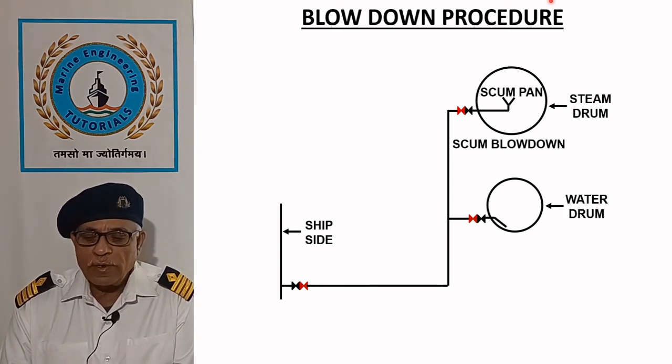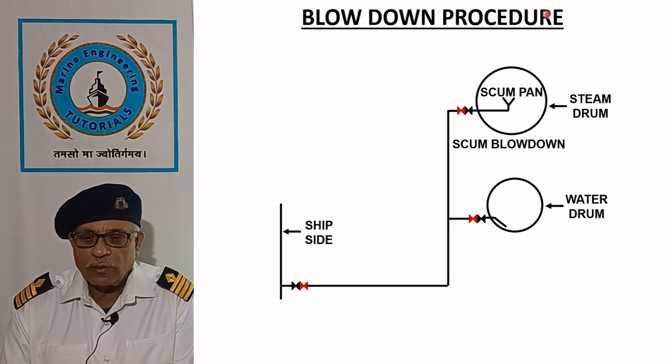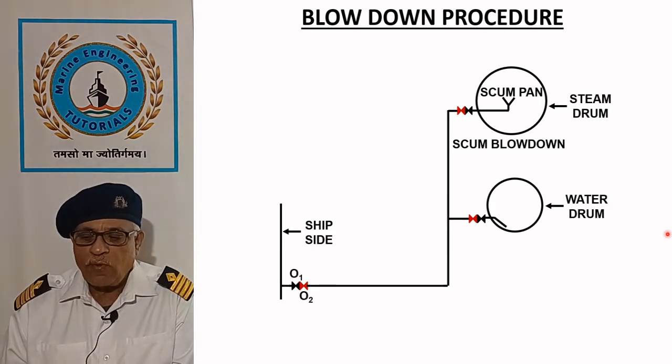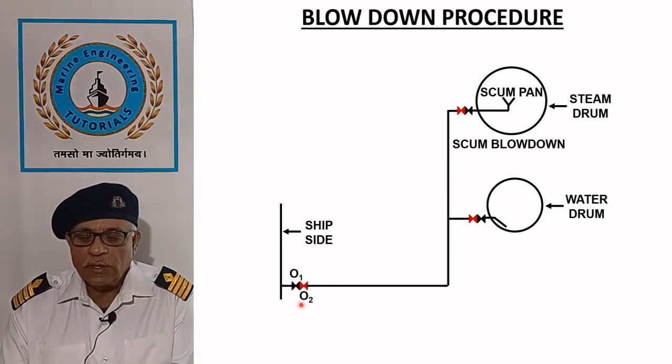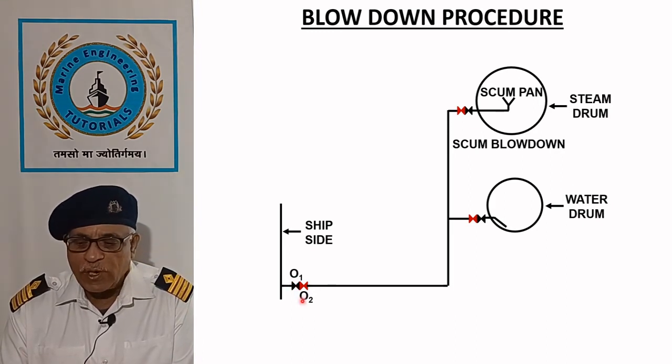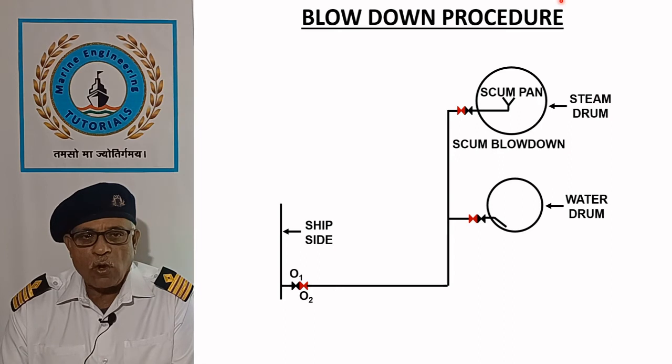The following procedure is adopted for the blowdown. First of all, ship side valves are opened in the sequence of O1 and O2 to prevent direct application of boiler pressure on the blowdown pipe.